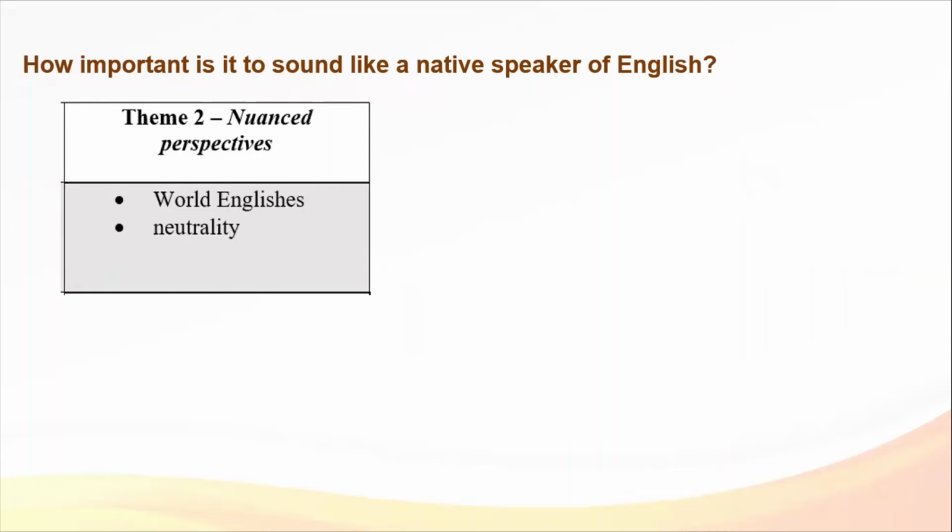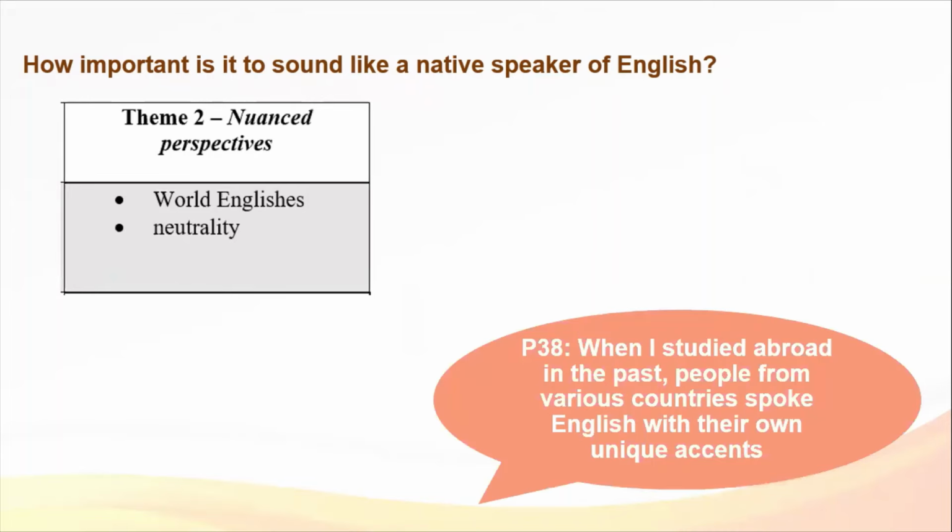And again, some interesting, more nuanced perspectives. Participant 38: "When I studied abroad in the past, people from various countries spoke English with their own unique accents." So this student has been fortunate enough to study abroad, and they've realized that when you leave the classroom context, English is spoken by many people of many backgrounds, with different accents and dialects.